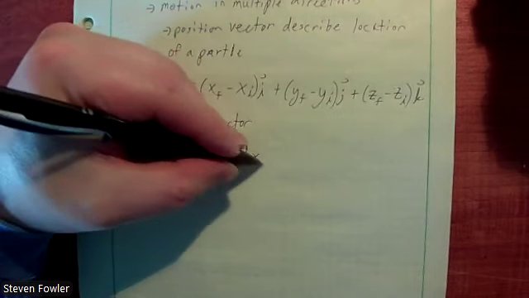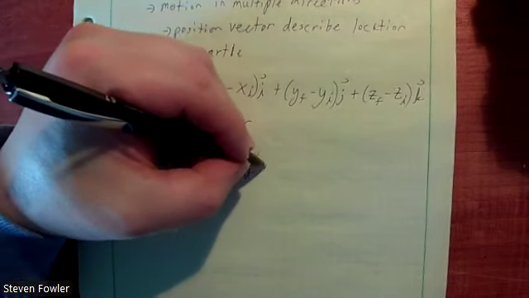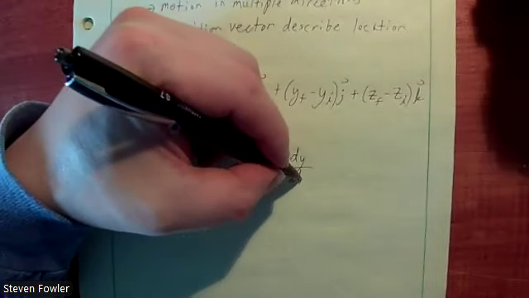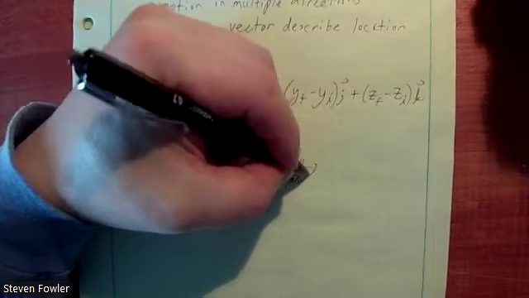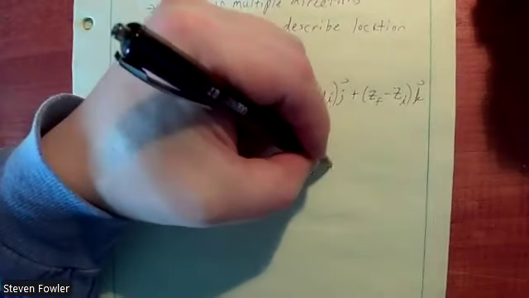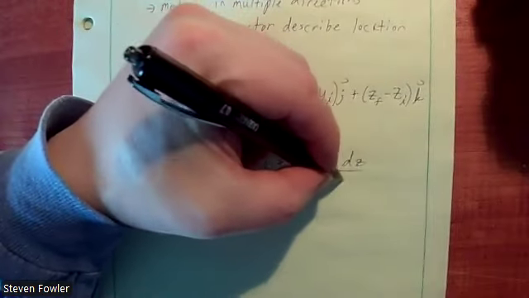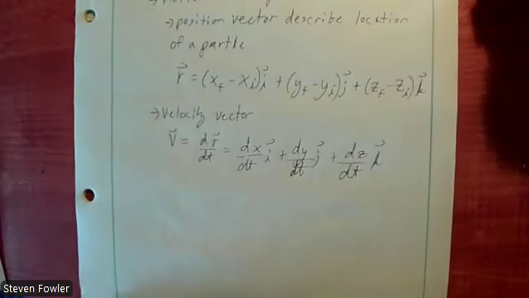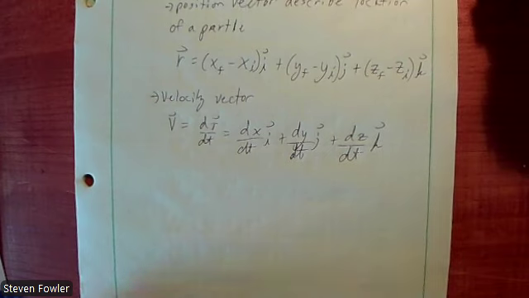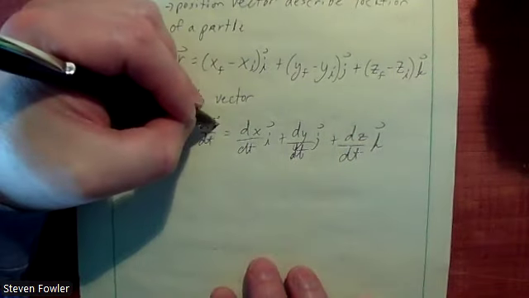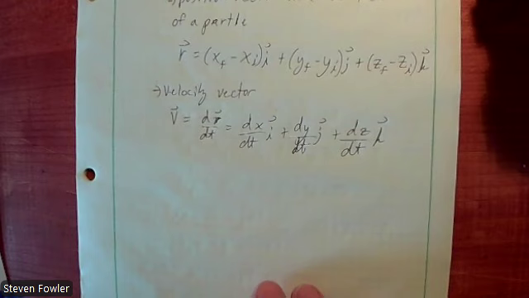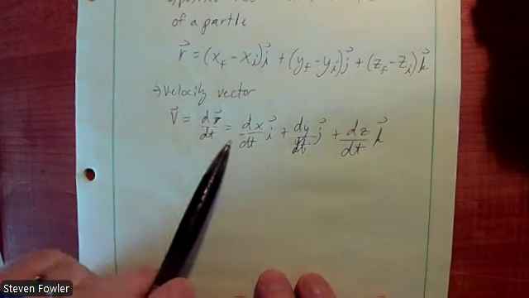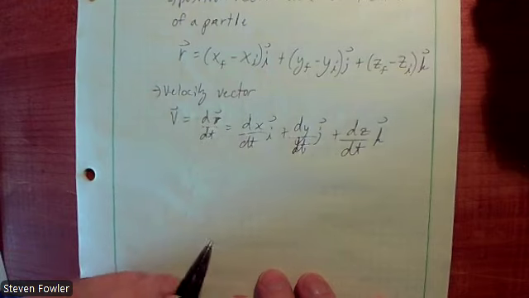The derivative of the X with respect to time in the I direction plus the derivative of Y with respect to time in the J direction plus derivative of Z with respect to time in the K direction. That's if I have to perform the calculus here. And so basically you just do each component at a time and then add them together into your velocity vector.